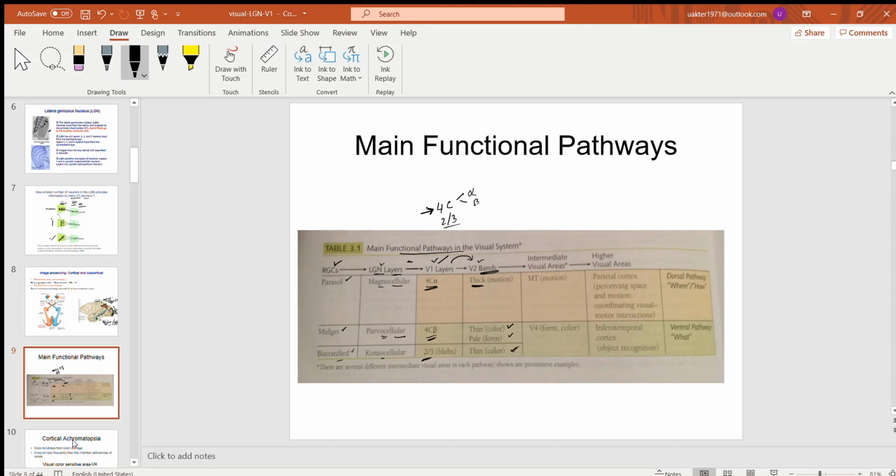Now, thick bands have neurons that are sensitive to motion, okay? And thin bands have neurons that are sensitive to different colors, and pale bands are sensitive to form, okay?